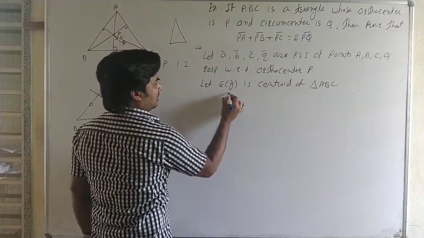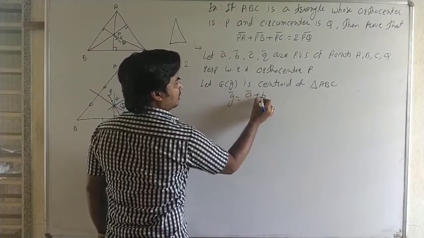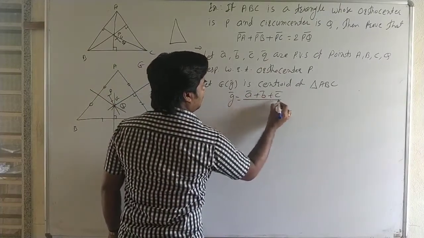Therefore we can write G bar is equal to A bar plus B bar plus C bar upon 3.